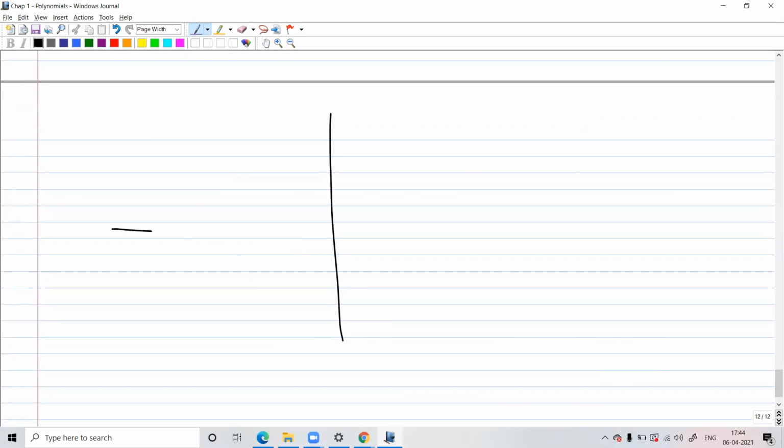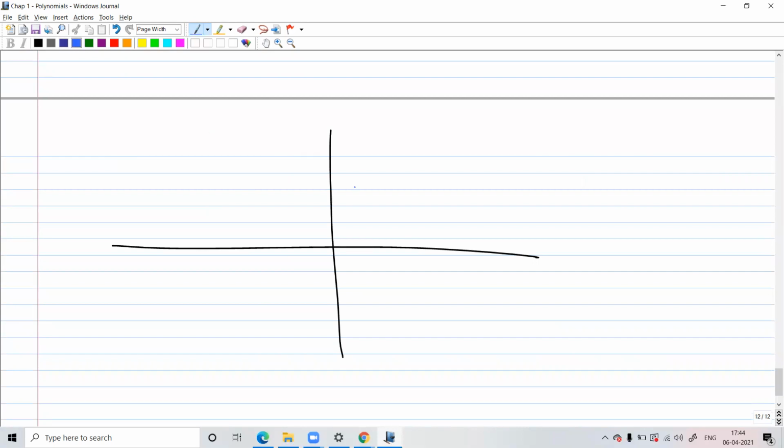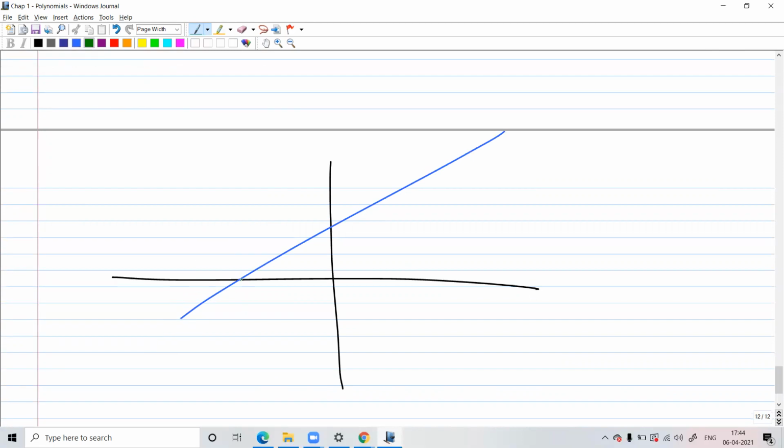Not confident enough? You want more examples? So let's say I have a graph like this, and there is a line which passes through like this. Can you tell me, this is your polynomial? Let's say I didn't even give you what the polynomial is.